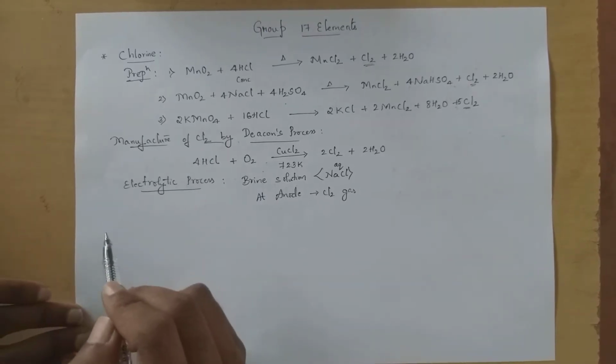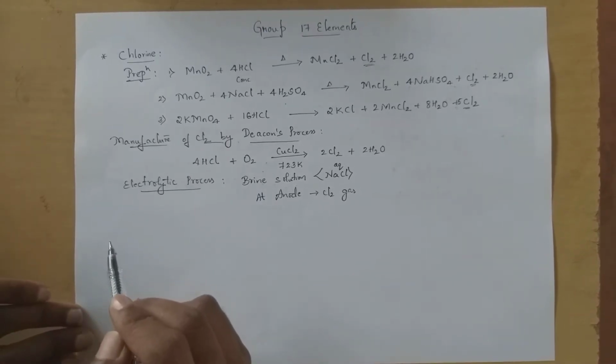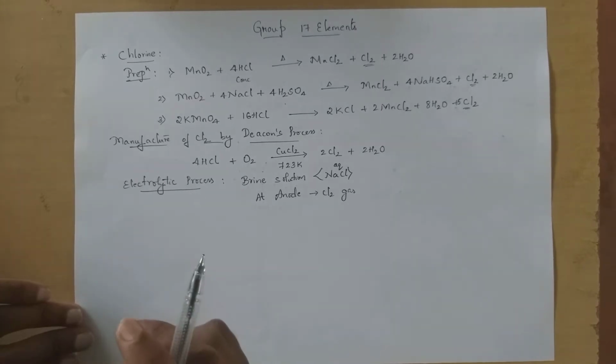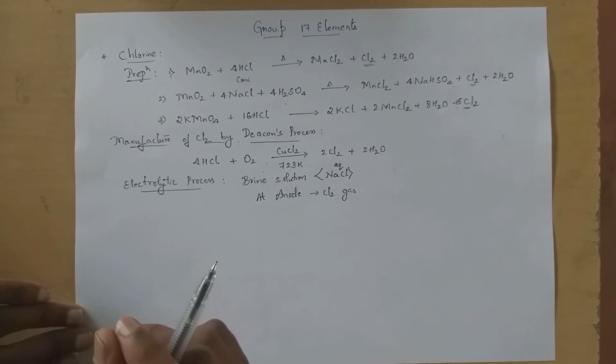Next we have physical properties. Chlorine is a greenish yellow gas with a pungent and suffocating odor, and it is about 2.5 times heavier than air.